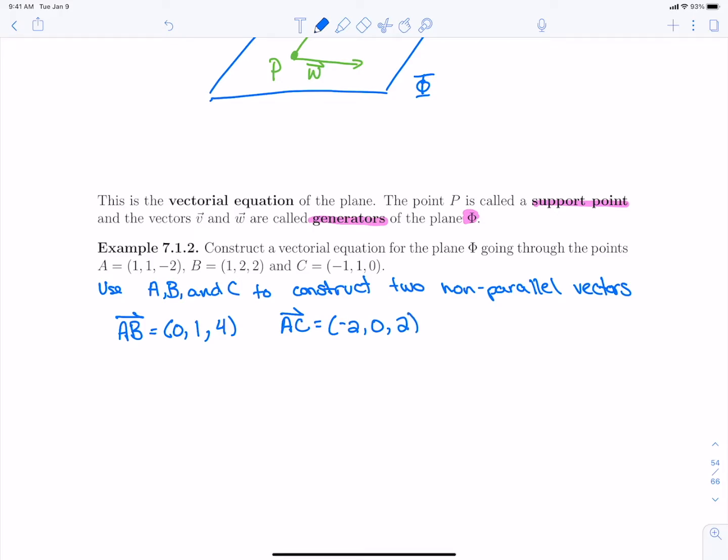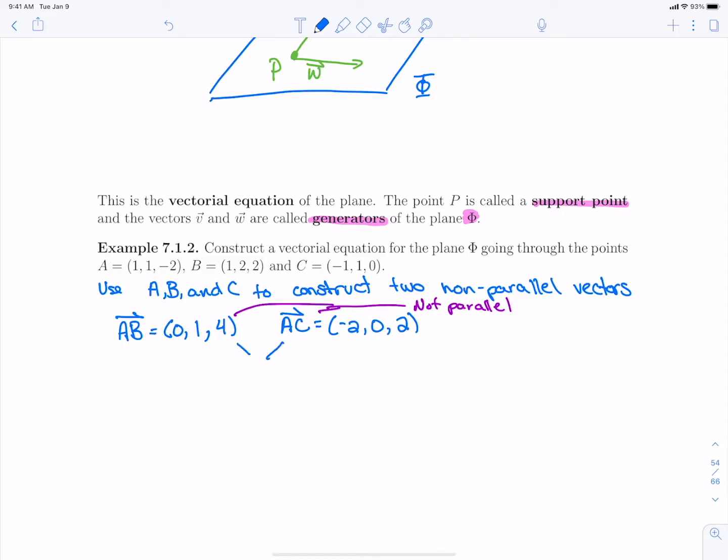Now I can tell right away that these two vectors are not parallel. One of the ways I can tell that they're not parallel is where the components equal 0. Because I've got a 0 in the first component, there's nothing I could multiply it by to get -2, and that's how we can show that something's parallel, by showing that they're scalar multiples of each other. So they're not parallel.